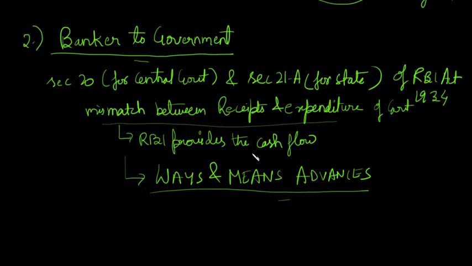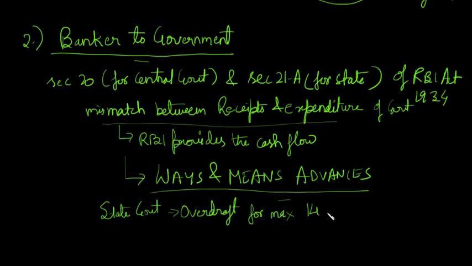And under this, a state government can withdraw an overdraft for a maximum of 14 days, and the central government can withdraw an overdraft for a maximum of 10 consecutive days.